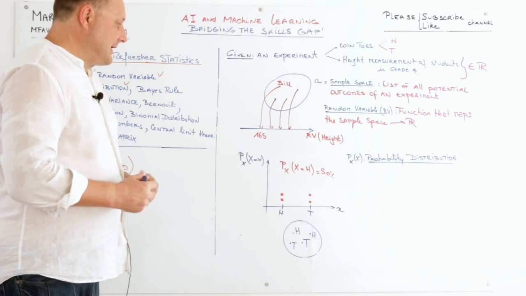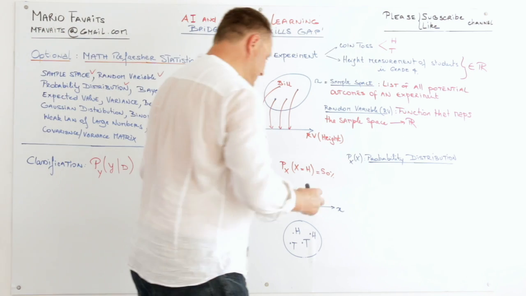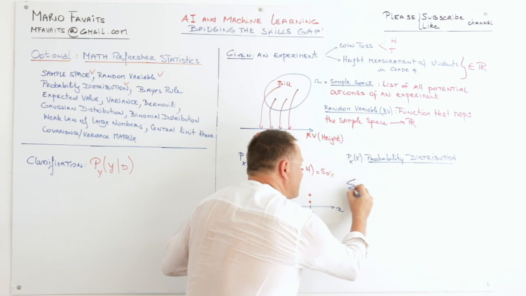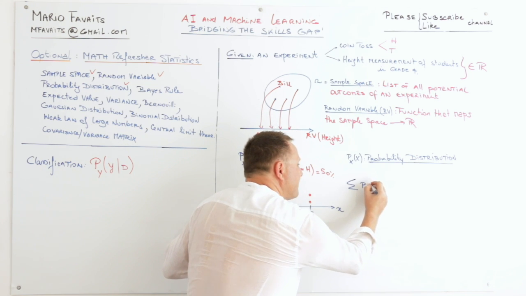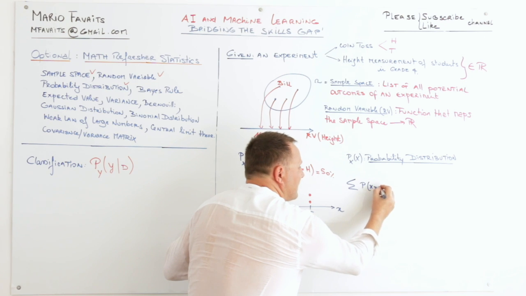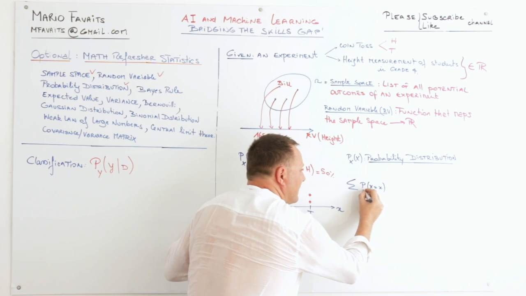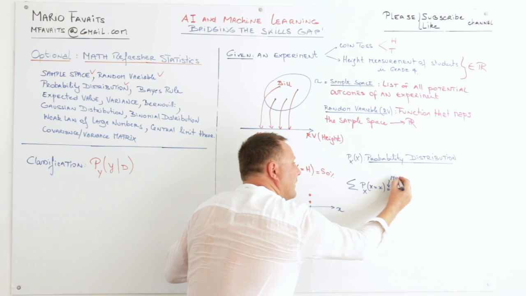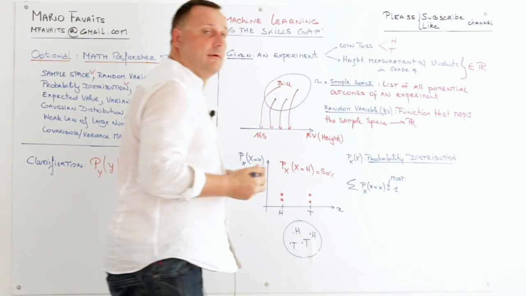Now, also a characteristic that you need to know is that the sum of P(X = x) must be 1. Yeah?